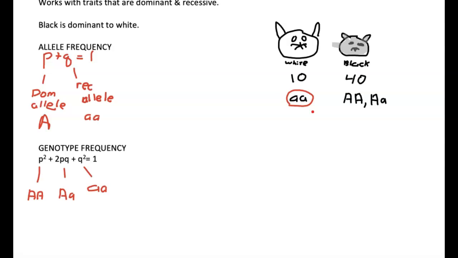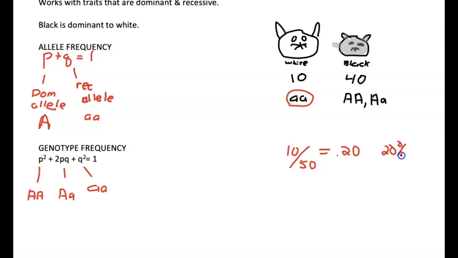I can go back to genetics with this. So what I can do is look at these cats, and I can say, okay, 10 out of 50, because there's 10 of these white cats out of the entire population. So 40 plus 10 gives me my 50. 10 out of 50 is 0.2, or we could say 20%.